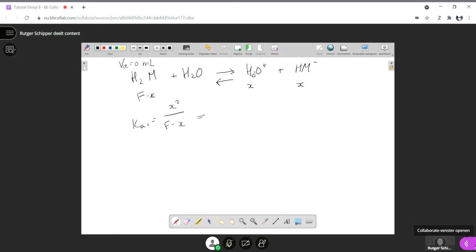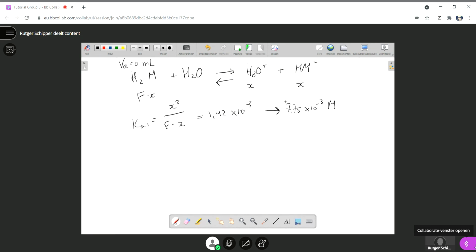And the first acid constant is equal to 1.42 times 10 to the power of minus 3, right? So when we fill this into the quadratic equation, we find for x 7.75 times 10 to the power of minus 3 molar.